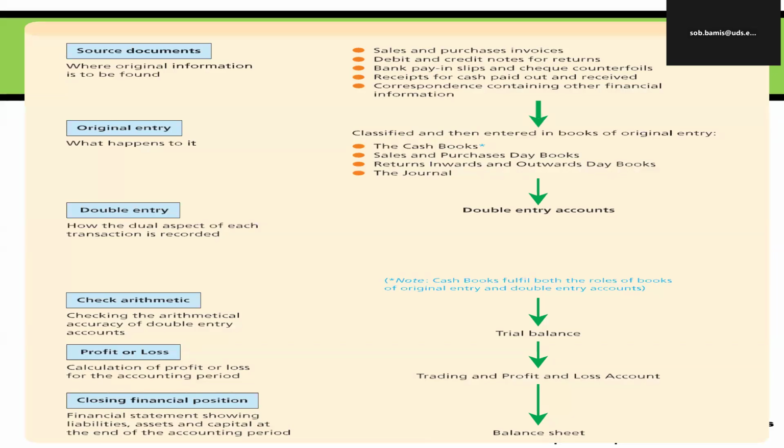So the summary of all that we've been talking about: there are some original documents, where the original information is supposed to be found, such as sales and purchases invoices.